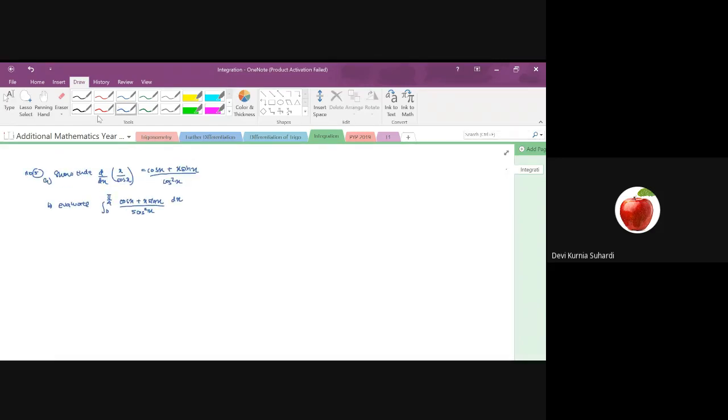Show that the differentiation of x over cosine x gives that expression. Okay, so let's differentiate x over cosine x then. So y is x over cosine x.